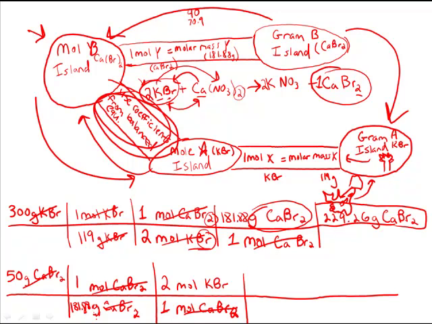Sweet. Well, the question was asking you to try and get to gram A island, or grams of KBr. Since our only non-canceled unit right now is moles of KBr, we're not there yet. Once it equals the unit we want, we're done. But right now we need to cancel moles of KBr. If it'll write moles of KBr, there we go.